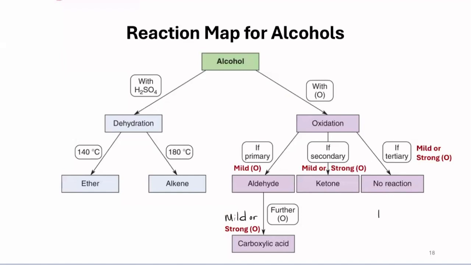Let's say that I have the following tertiary alcohol and I expose it to strong oxidation conditions. Since there is no reaction, the product of the reaction will be the molecule that I started with because nothing will change.